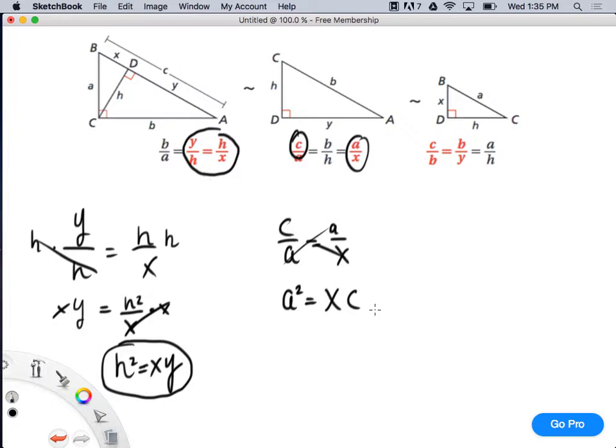So that's our second thing that we just found.